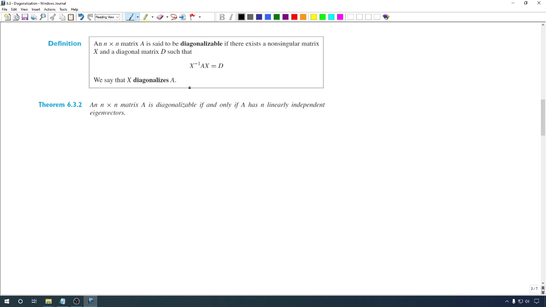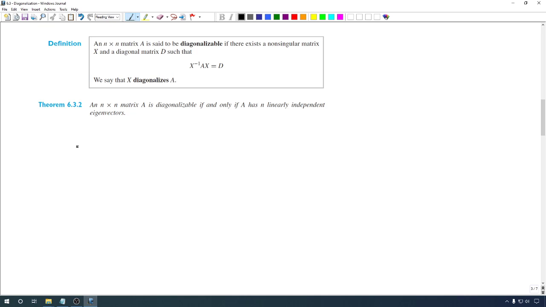But not every matrix is diagonalizable. And in fact, by proving theorem 6.3.2, which says that an n by n matrix A is diagonalizable if and only if it has n linearly independent eigenvectors, we will actually be able to find a way of constructing what X and D actually are.